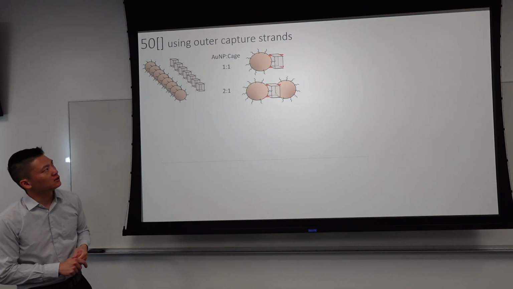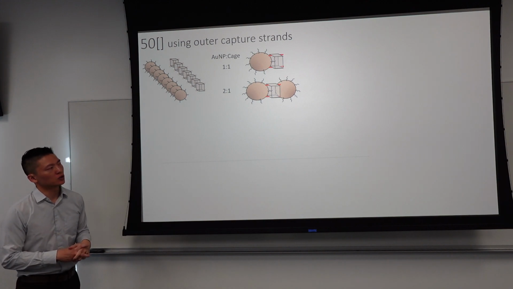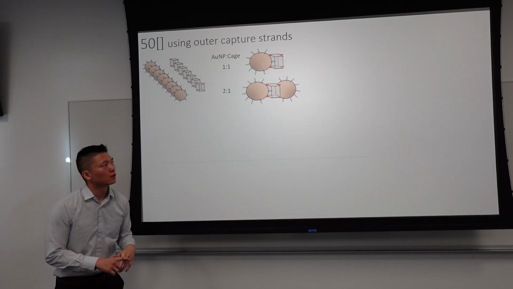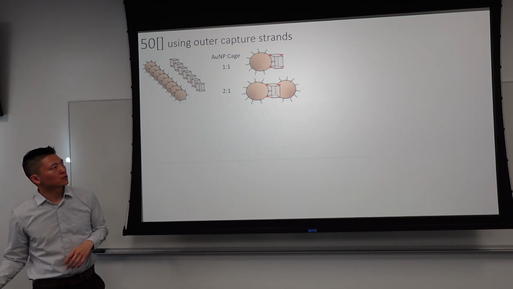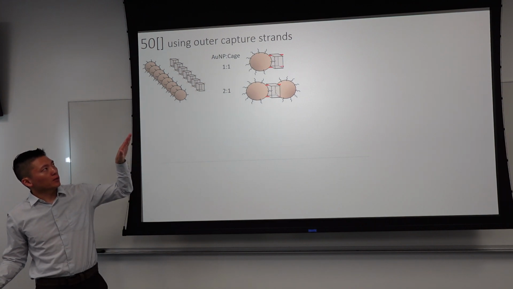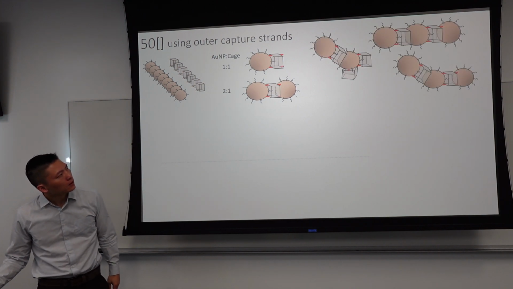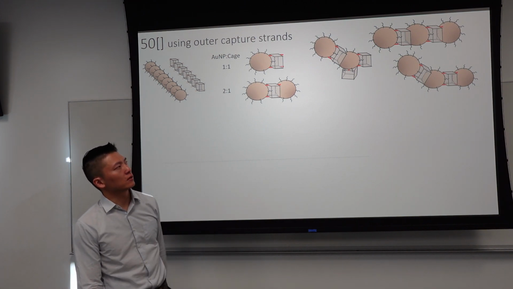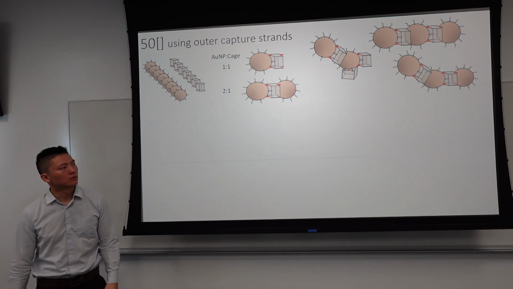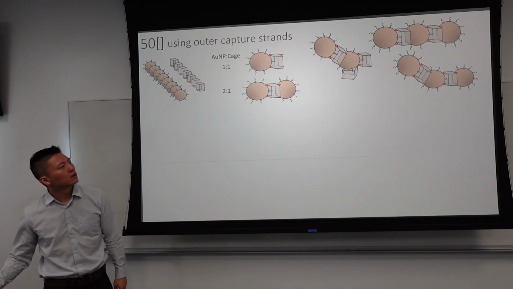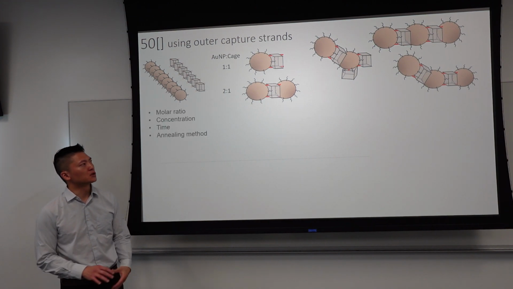If we add these in the appropriate molar ratios, we should get the correct product. Right now, I'm only aiming for the 1-to-1 here. There are other side products that may occur, which we don't want. So this is going to take some doing.